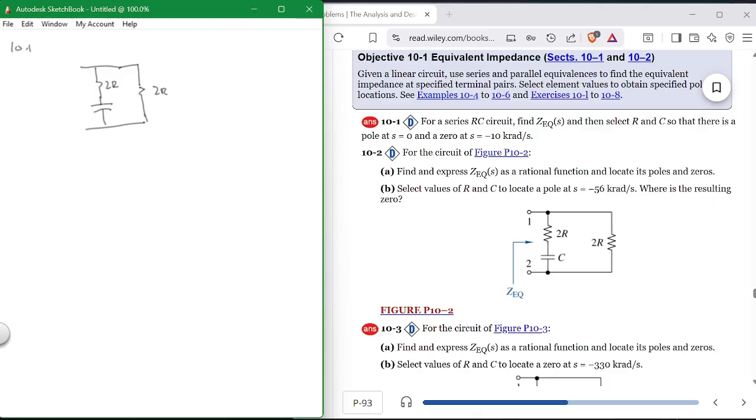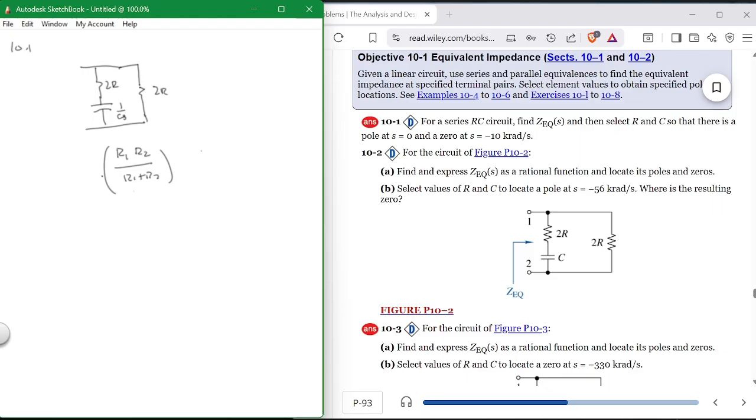So what is the impedance of the capacitor? 1 over CS, right? Okay, so what would be your response to this? It is R1, R2 over R1 plus R2. That's the one I would use in this case, okay?